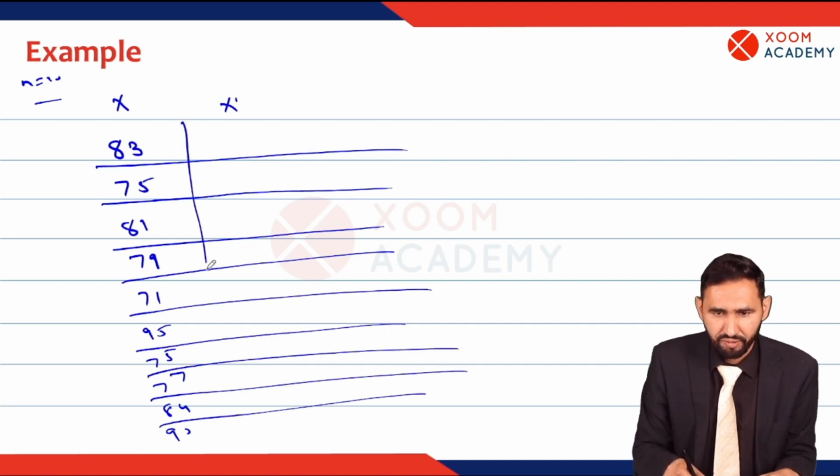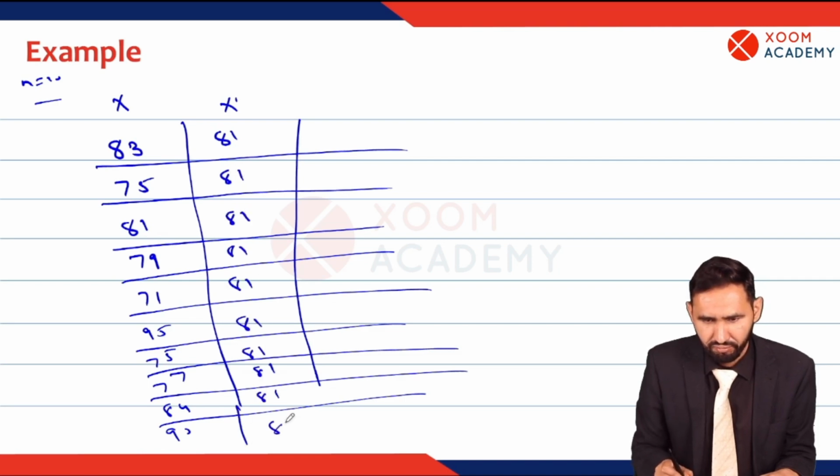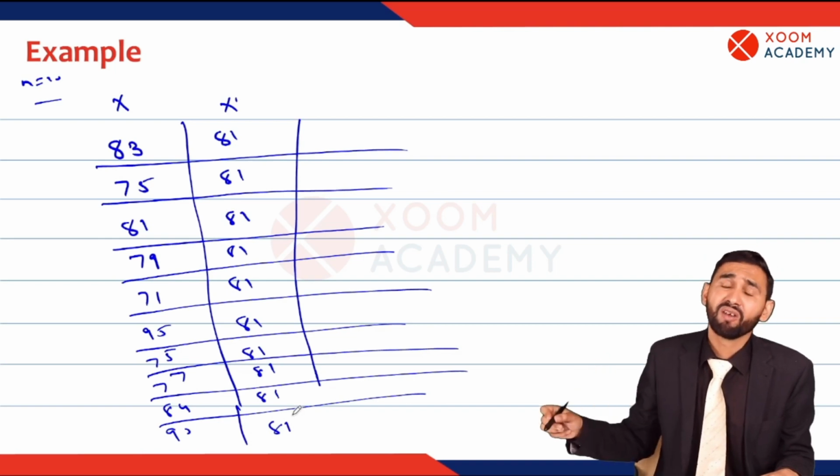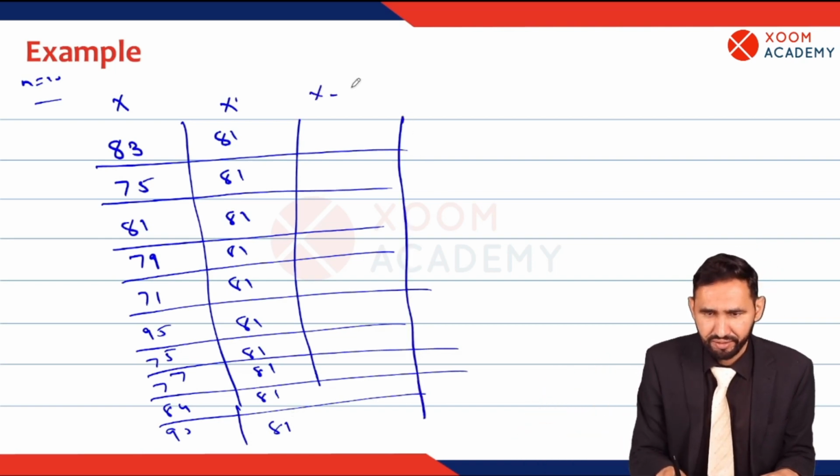We write the number of observations, and in front we write the mean. Mean is 81. Every figure has mean 81. So now we will find the mean deviation, x minus x bar. We subtract x bar from x.